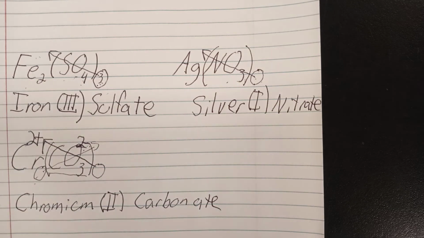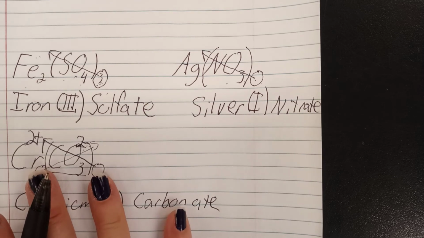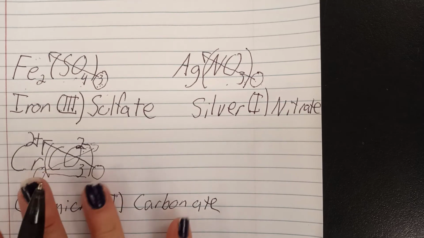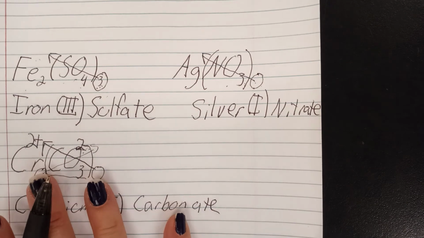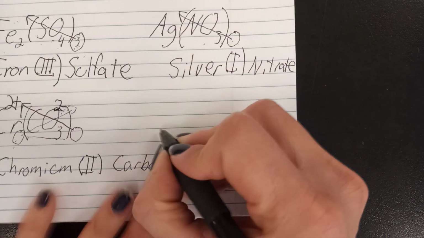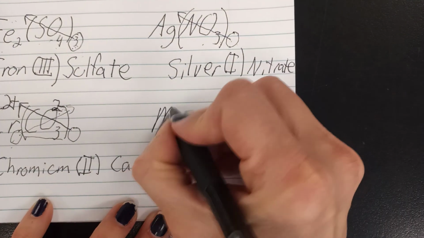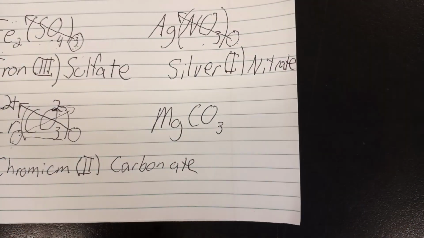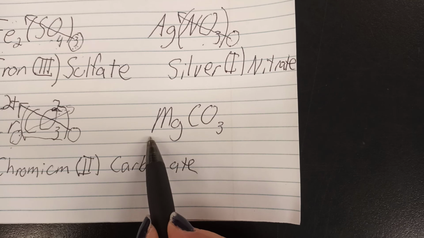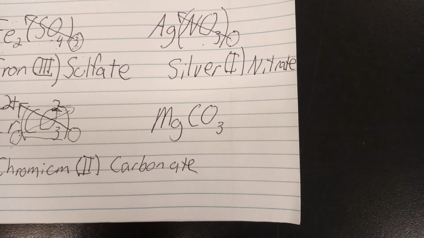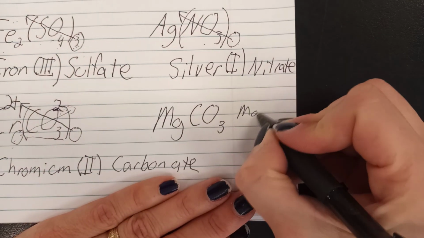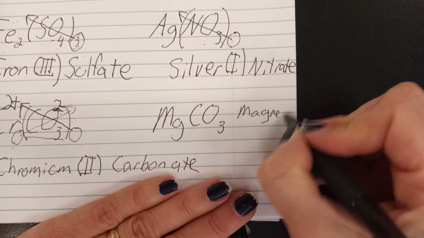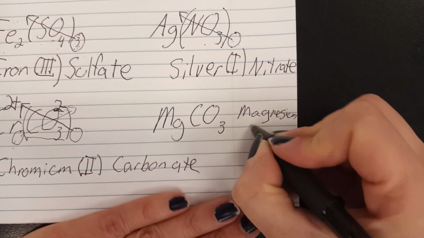The other thing to watch out for is that you don't have to do this for absolutely every compound. You only have to do it when you have a transition metal. So if you have something that says MgCO3, we don't have to care about what the oxidation number of the magnesium is. We can just call it magnesium carbonate.